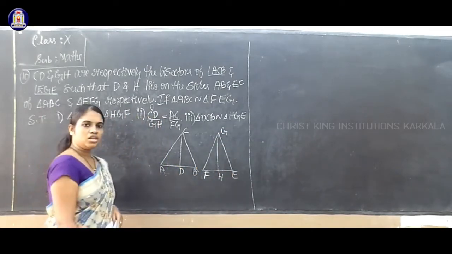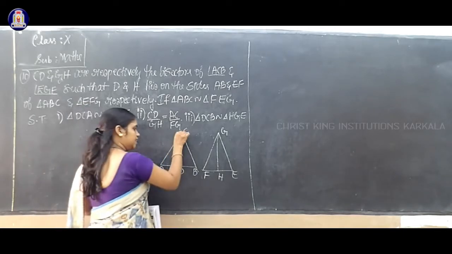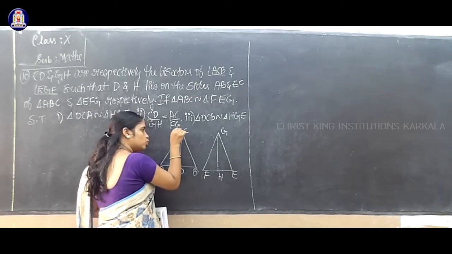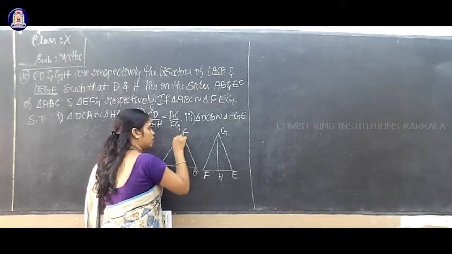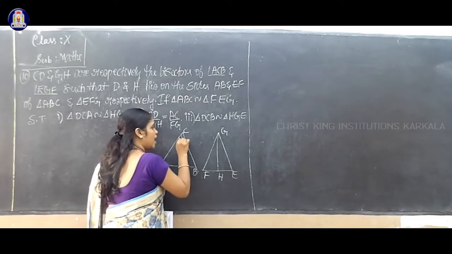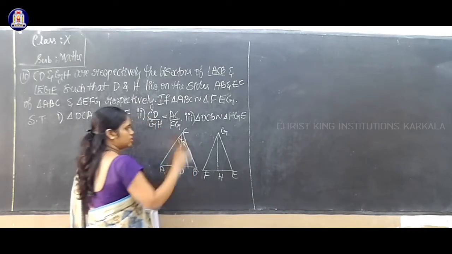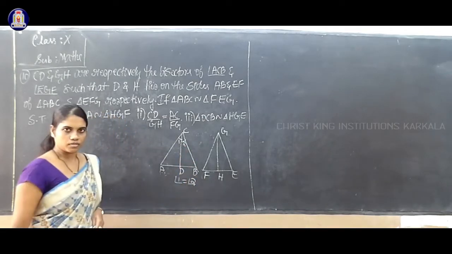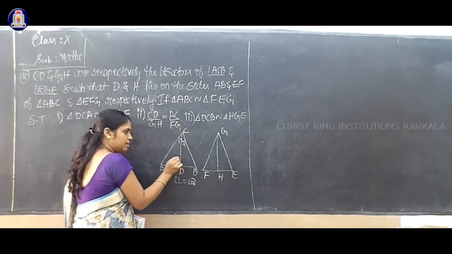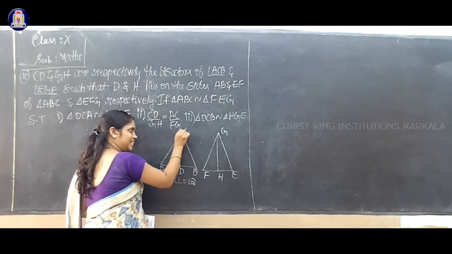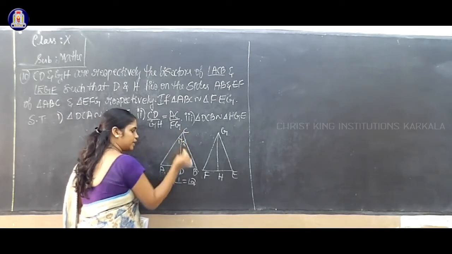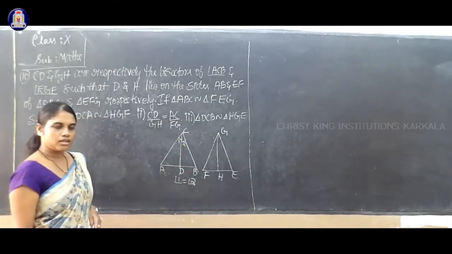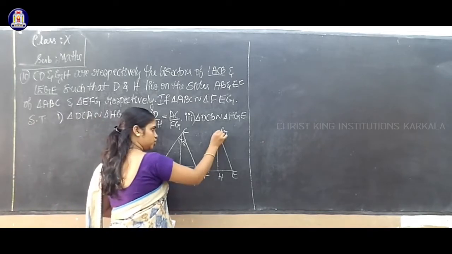So what is the meaning of this? The line CD will divide this angle C into two equal parts. This is one part, I will represent it as 1, and this is another part, I will represent it by 2. So angle 1 equals angle 2. Understood now? Next, another triangle FGE.